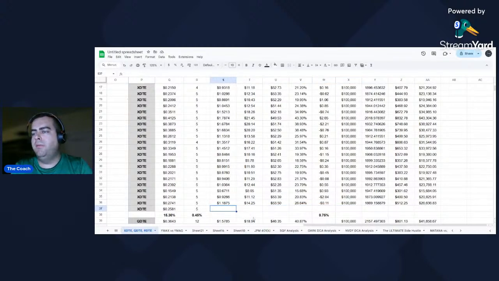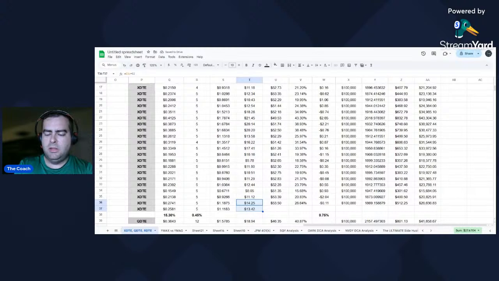So what we have monthly would be $1.12. Annually would be $13.42. Now I'm going to need the share price for XDTE, which I can find on the phone. So XDTE, and I'm actually current on this one. Usually I'm like a day late, but I'm actually current. Let me turn on Wi-Fi here.